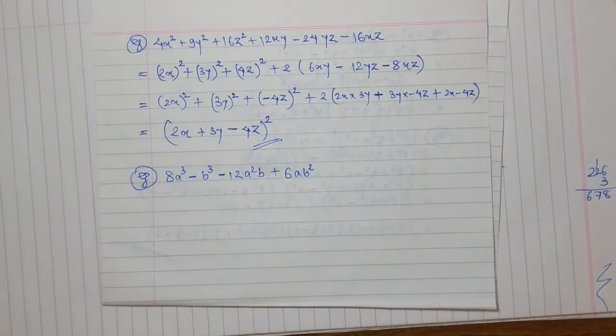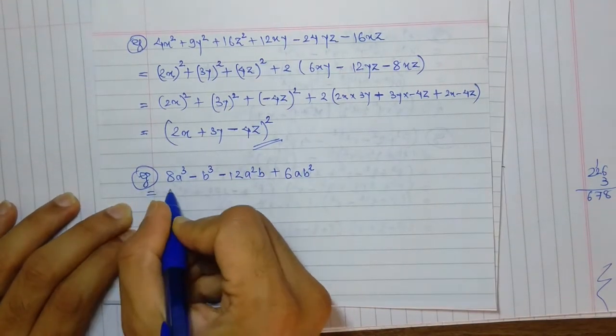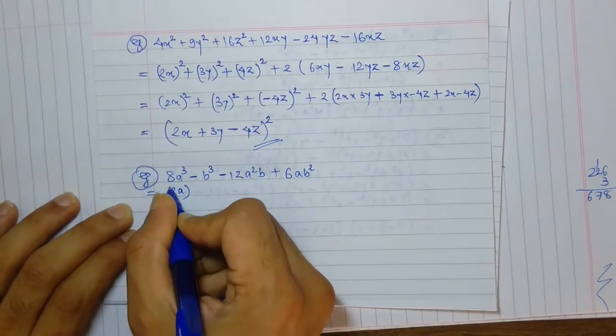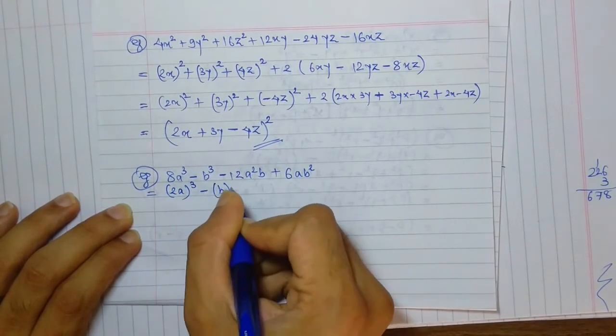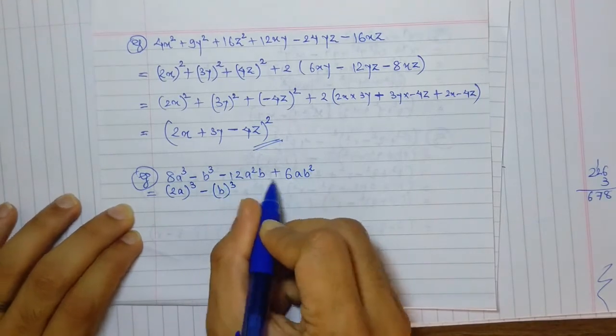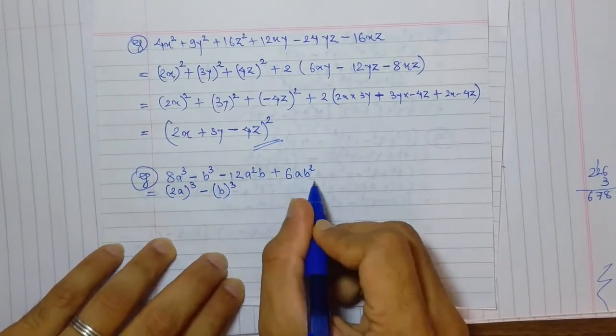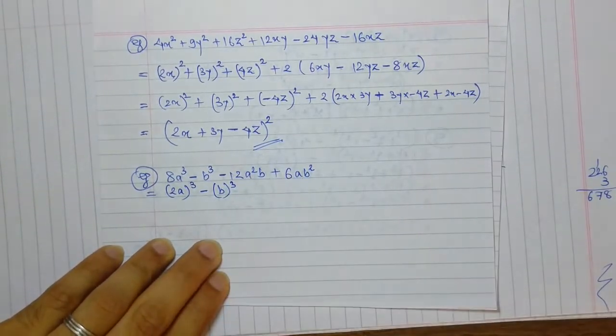Okay, so the next question is 8a cube minus b cube minus 12a square b plus 6ab square. See how I will write it. 8a cube, I can write as (2a) the whole cube, minus b cube, I can write as b cube, minus 12a square b plus 6ab square. What is common in these two?